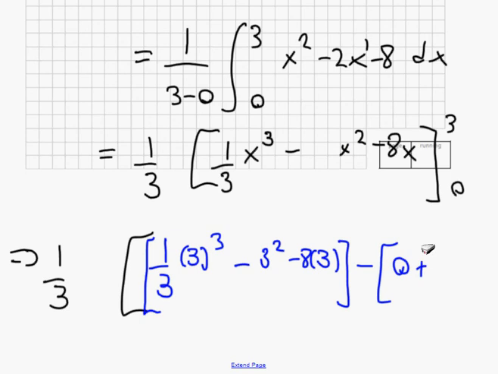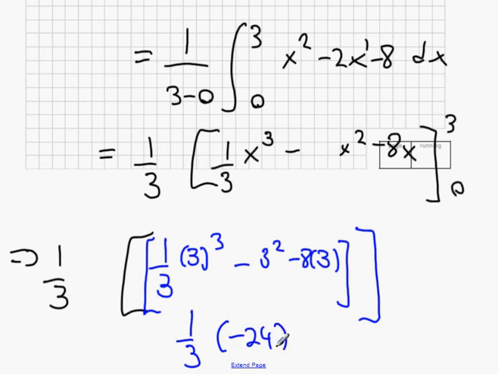So no need to put it down even. It's all zeros because everything's going to turn to 0. Close that bracket, and then a third times all of that. It's going to be a third times minus 24, and then a third times minus 24 is minus 8. The average value over that interval is minus 8.